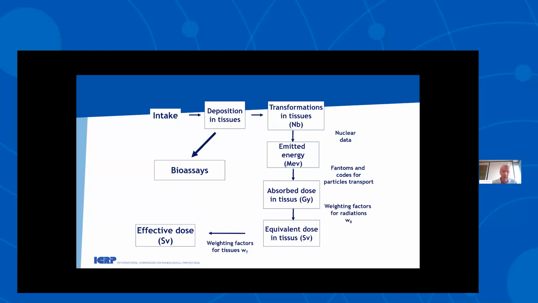And this diagram shows you that when you do not know the intake, you can start directly from the bioassay content, go back to the intake using the retention function, and then using the dose coefficient, calculate effective dose. With Vladimir, they produced a new concept, which is dose per content, which allows you to calculate directly the effective dose from the bioassay, and which avoids any risk of mistake.